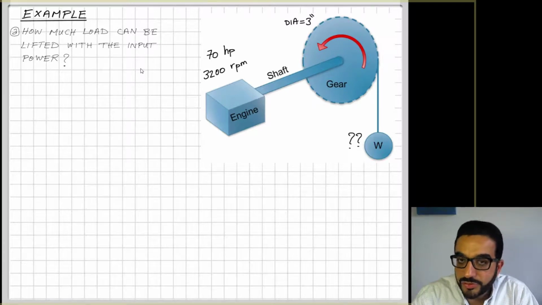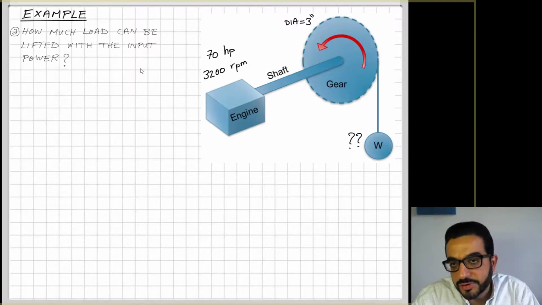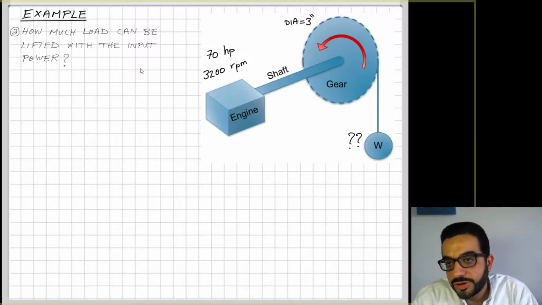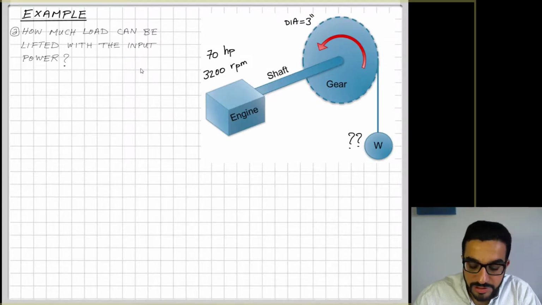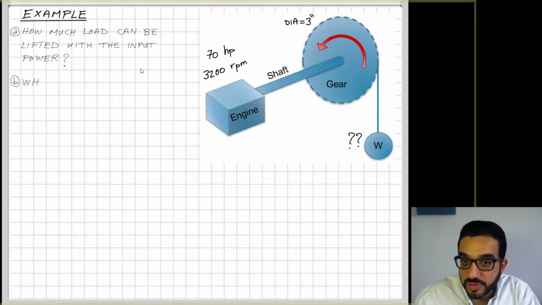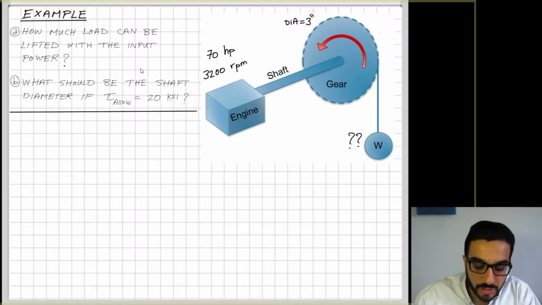This engine is connected to the shaft, so that power is transmitted through the shaft to a 3-inch gear, and that gear is lifting a weight W. The question is, what's the maximum weight W that can be lifted with this gear that's connected to the shaft and engine shown? The second part of this problem is, what should be the diameter of the shaft to be able to transmit that power and the torque?